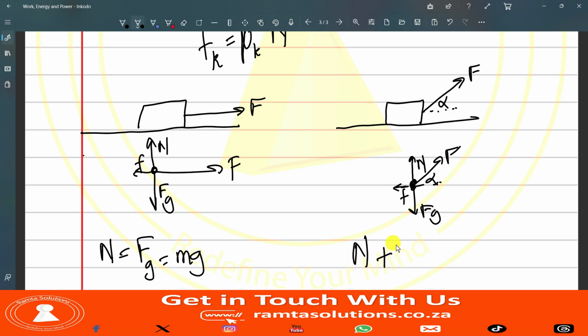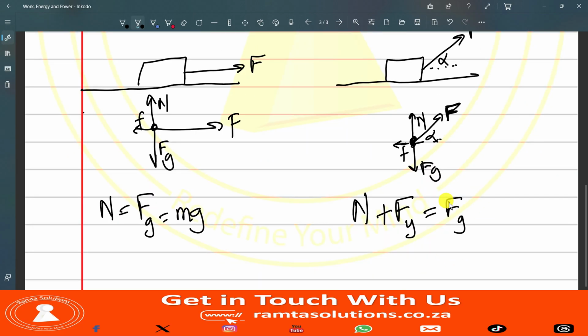N plus, you need to resolve this applied force into horizontal and vertical components. So all the forces in the vertical will be normal plus F sub y, going in the same direction, and F sub g going in the opposite direction. So resolving F sub y, we will have F sine alpha.